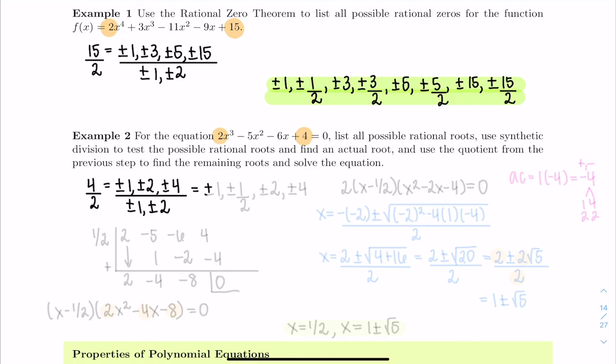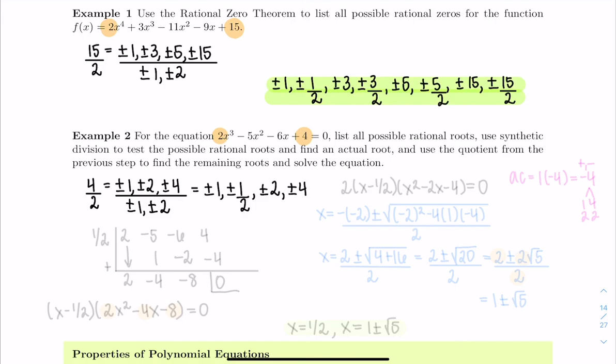We've got 1 over 1, which is 1, and then 1 over 2, so 1/2. We've got 2 over 1, which is 2, and then 2 over 2 simplifies as 1. We don't need to list it twice. And then we've got 4 over 1, which is 4, and 4 over 2, which is 2, and again, it's already listed, so we don't have to list that twice. So we're dealing with 8 different possible rational roots.